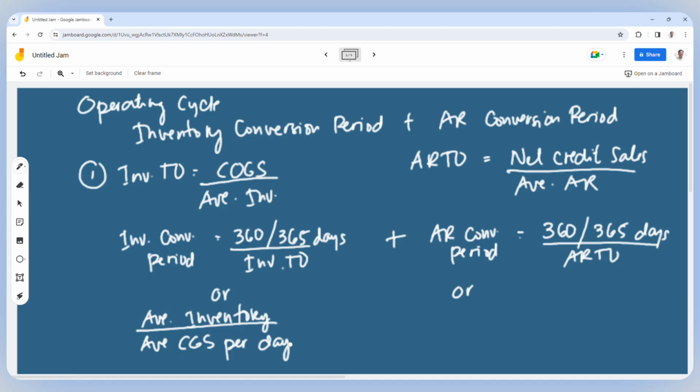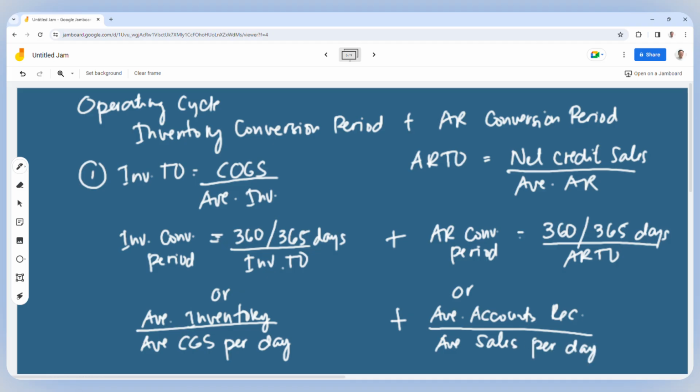That is another formula. Plus, how do you compute the AR conversion? The formula is average accounts receivable divided by average sales per day.